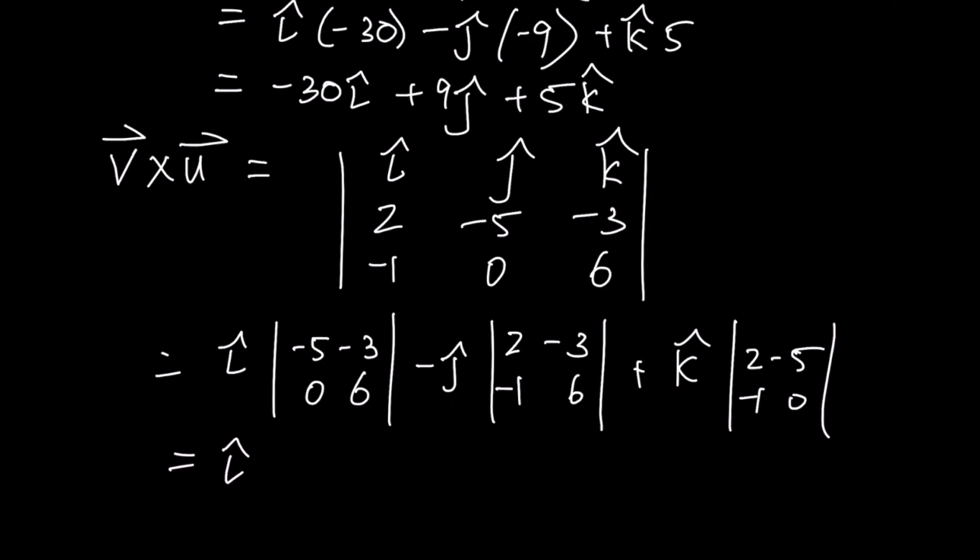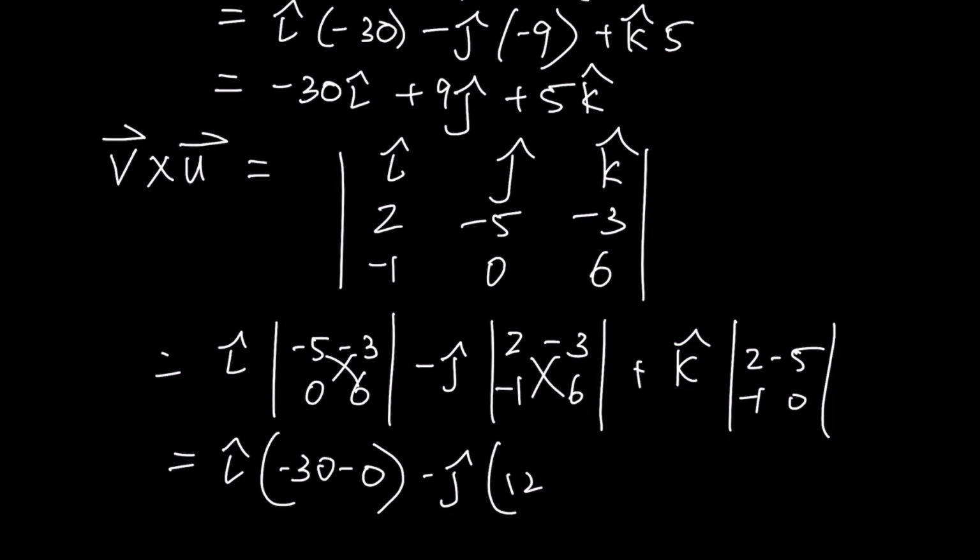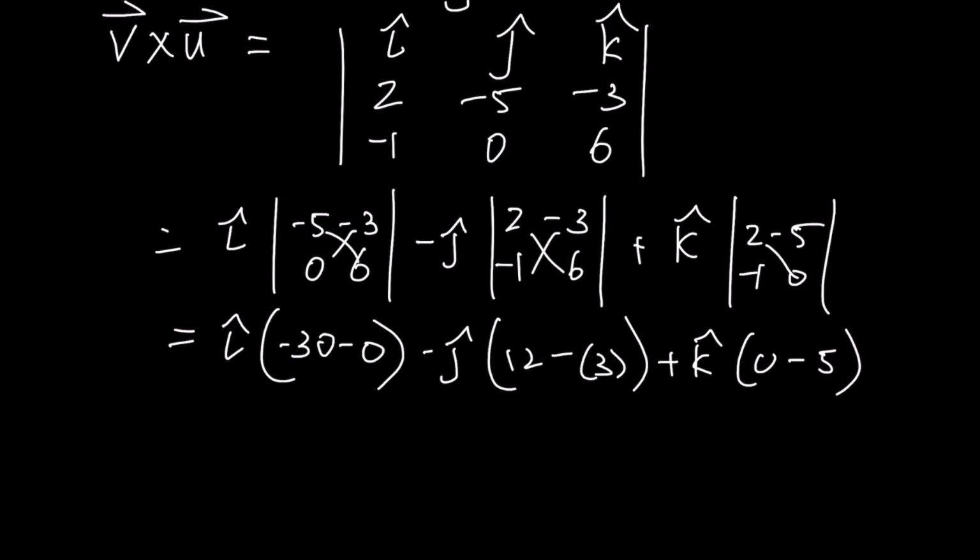i, negative 30, subtract 0. Remember, multiply the diagonals. Negative j, multiply this diagonal, I'll get a 12. Subtract 3, plus k, 0, minus positive 5. So, negative 30i minus 9j minus 5k.